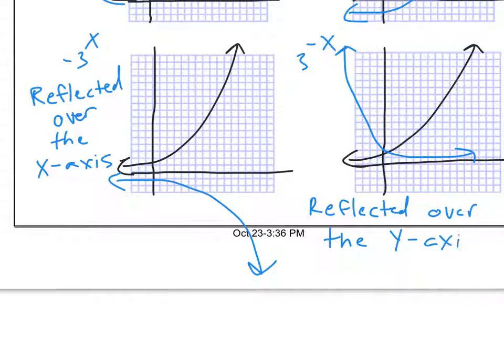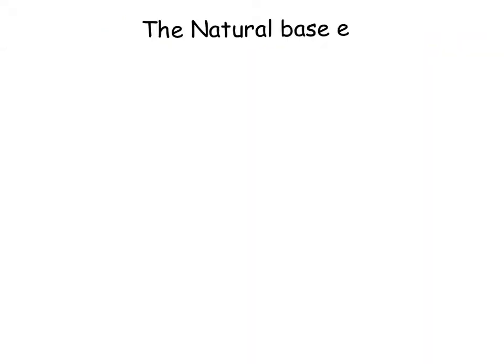That's a big thing to see, that negative sign up in the exponent, because notice the 3 to the x was a growth model, and then it switched to a decay model. So there are a lot of cases where if you see that negative sign, that's a big indicator that it's significant about what the graph is doing. And that's why we want to look at these transformations, so that when you see just an equation without a graph, you have as good a sense as possible as to what's going on.